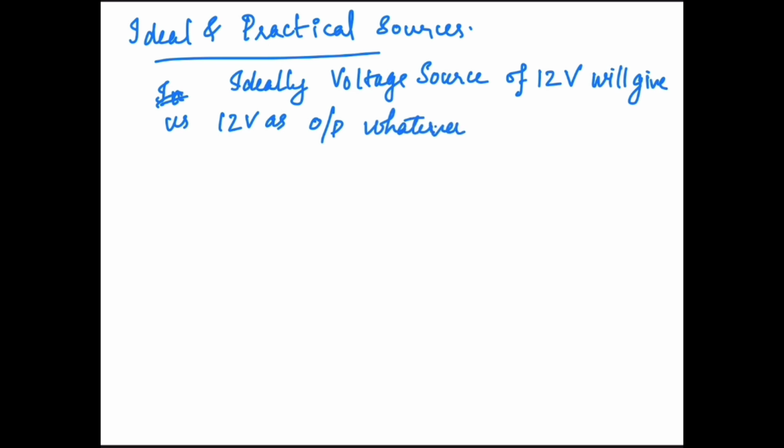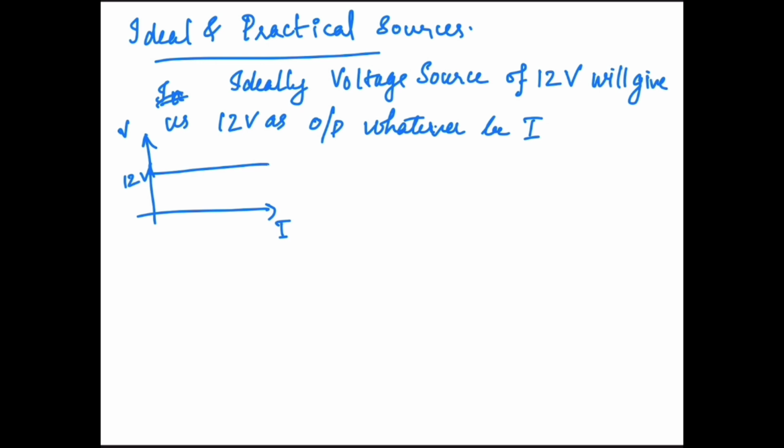As current increases, we still get 12 volt. If we see the graph, we will get 12 volt DC. This is a theoretical one.